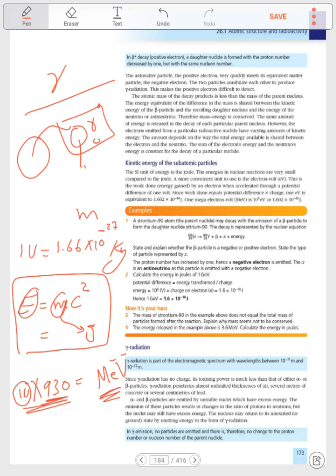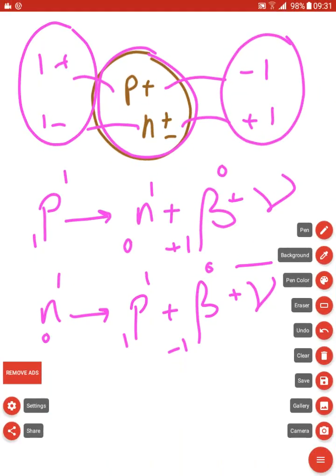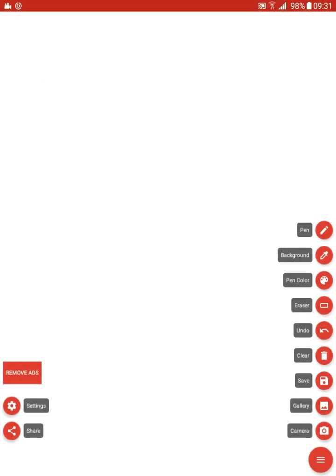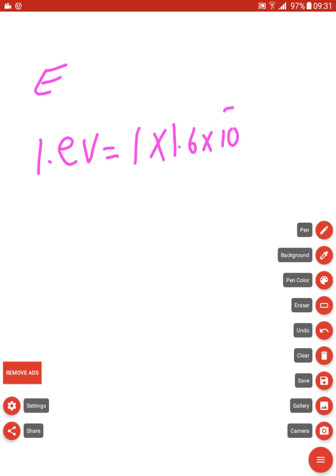How can I change the energy from joule to electron volt? Each electron volt is one electron charge, which is 1.6 times 10 to the power negative 19 coulomb, multiplied by volt.